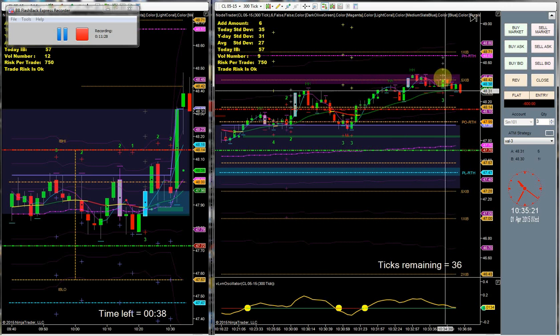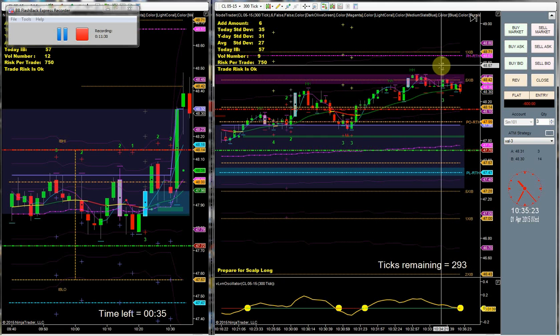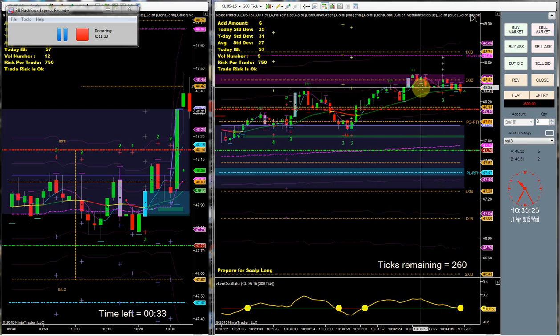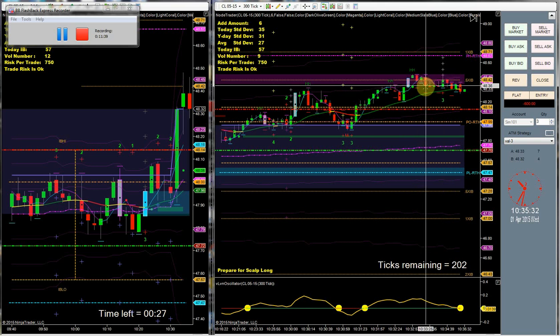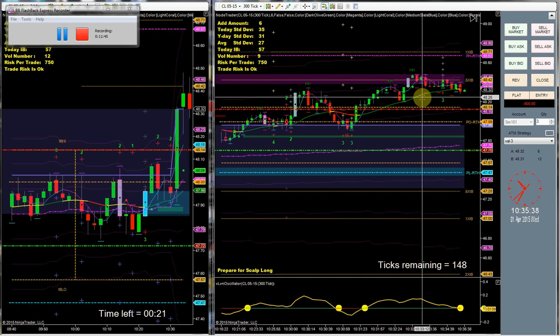This scalp print wouldn't have gotten filled. Then we have this trade here. As you can see, the market went sideways a little bit up here and then came down to it. So 48.35, stop would have been at 48.25, and take profit would have been at 45.